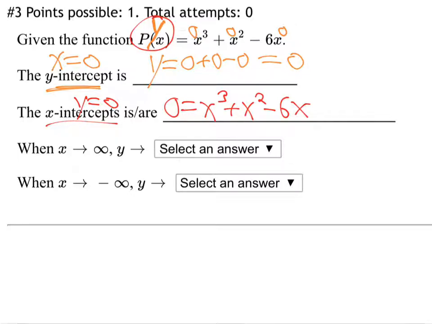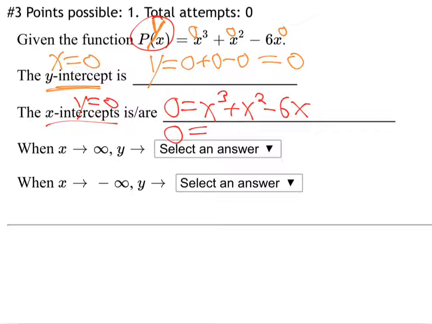And now I need to solve that equation somehow for x. Now this one is not as easy as those earlier ones we did. Do you know why? Because it's not in factored form. It's not the parentheses. Remember earlier we did these and we had parentheses and we could just look at them and go, oh, well, 2 and 3 or whatever. So this one, you need to factor the right side.